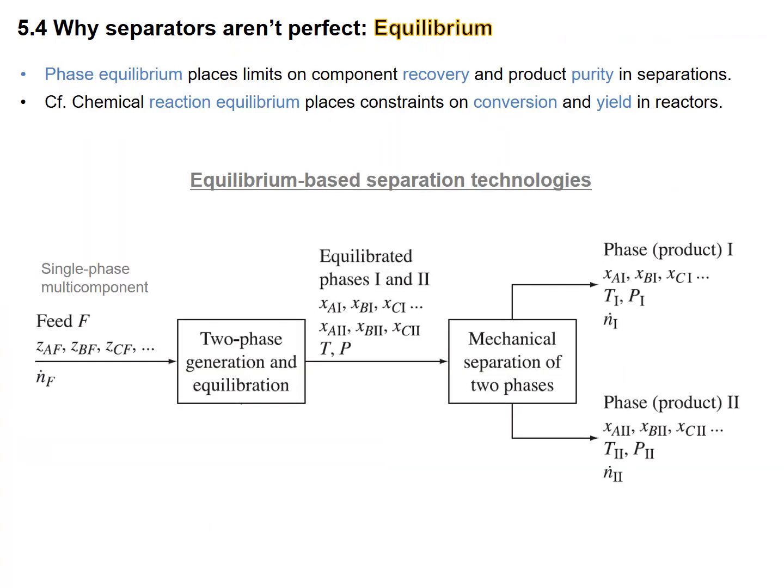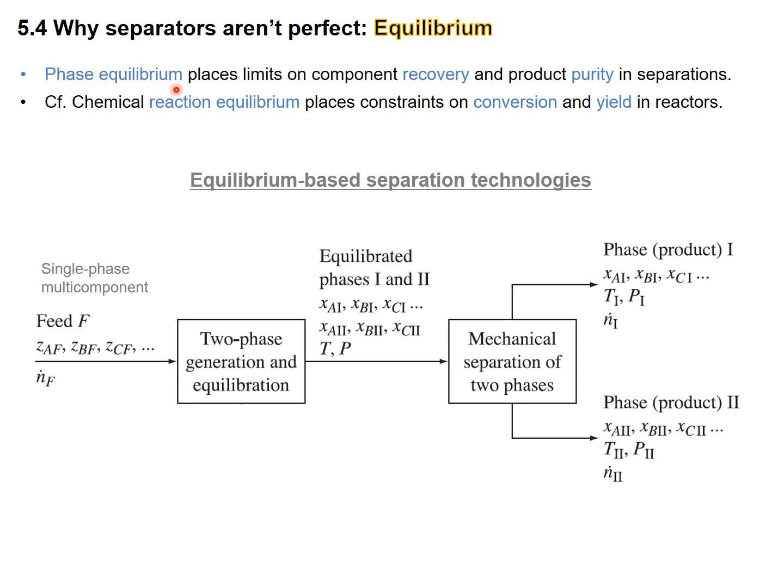Okay, still, I'd like to ask you, why aren't separators perfect? The second reason is equilibrium. Of course, this course is working on equilibrium-based separation technology. Entrainment was for the mechanical separation, and equilibrium is for the equilibrium-based separation technology.